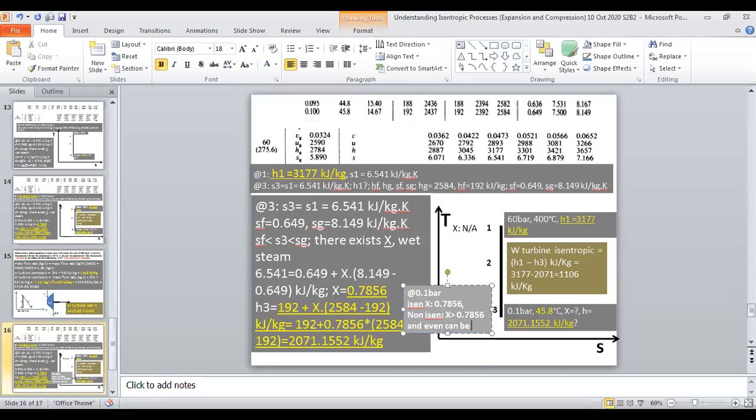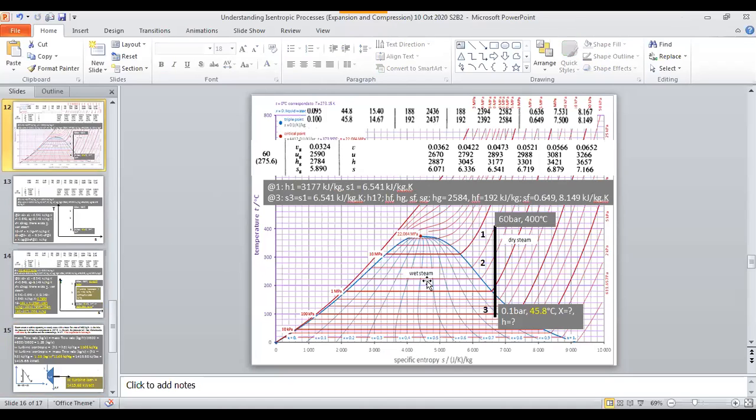Superheated means x is not applicable. The best example is this.